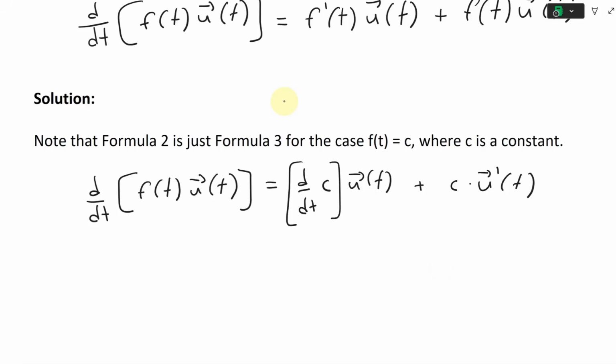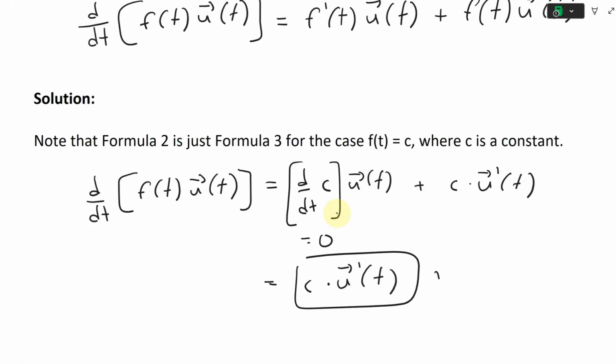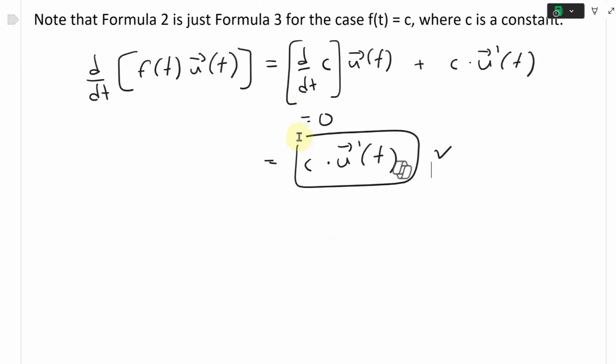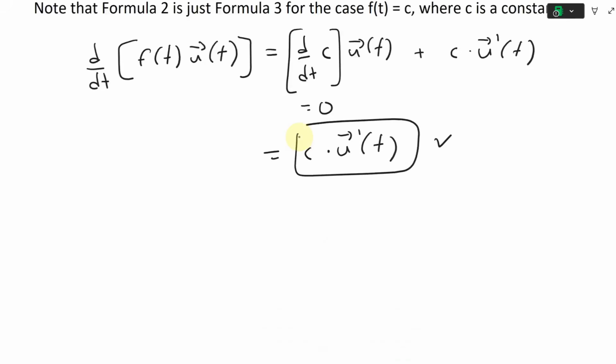Now the derivative of a constant just equals 0. So what we end up getting is just c times u prime of t. So this is formula 2, based on formula 3. So now we just need to prove formula 3, and we've proven everything there is to prove.